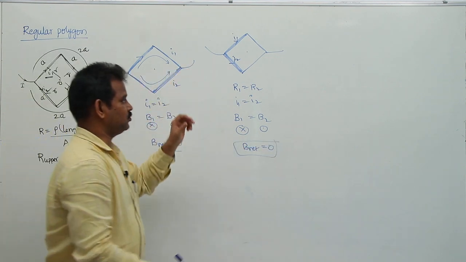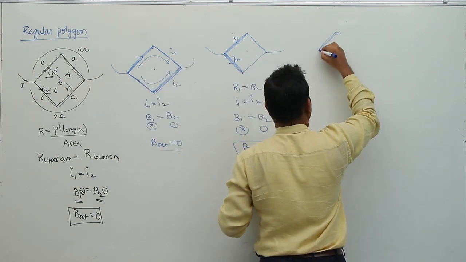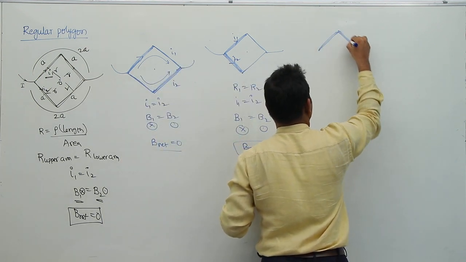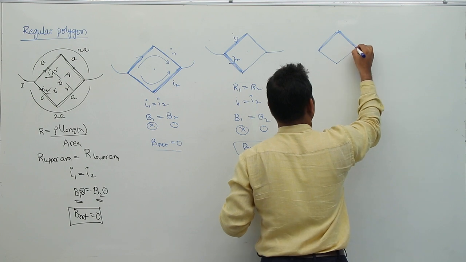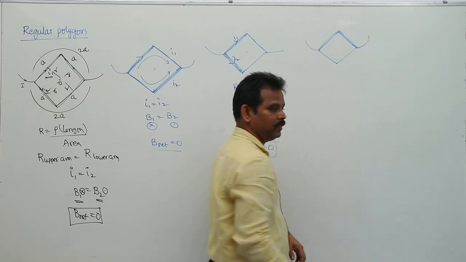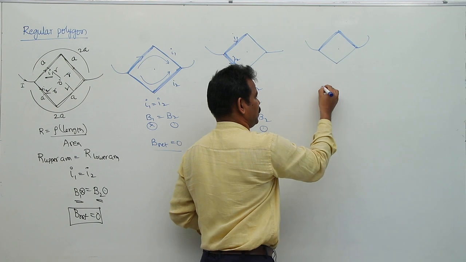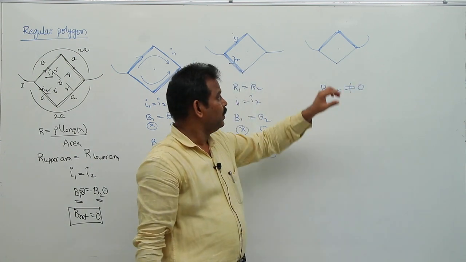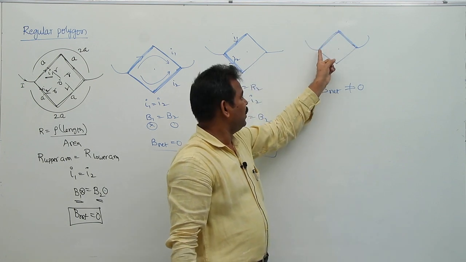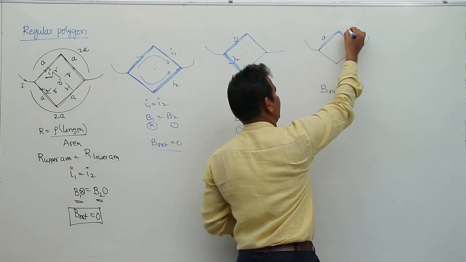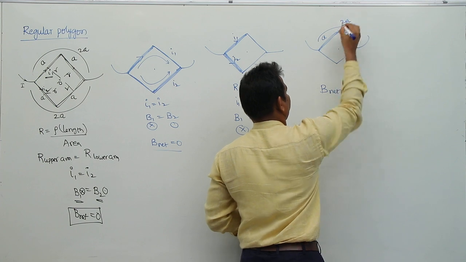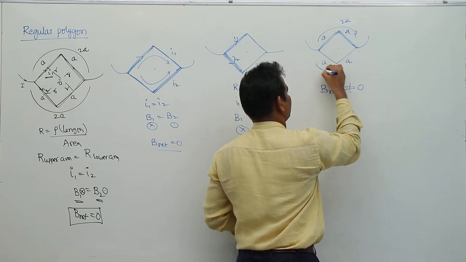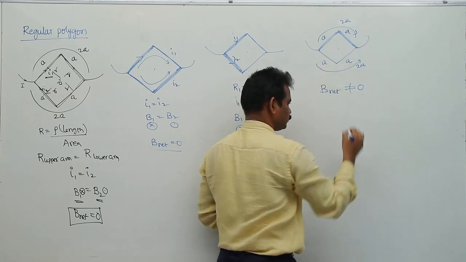But remember students, if the upper branch has more thickness and the lower branch has less thickness, now if you connect a battery, the magnetic field at the center will not be 0. Here B net is not equal to 0, reason being, here area is more, lengths are same. This length is A and A, total length 2A, this is also A and A, total length is 2A.